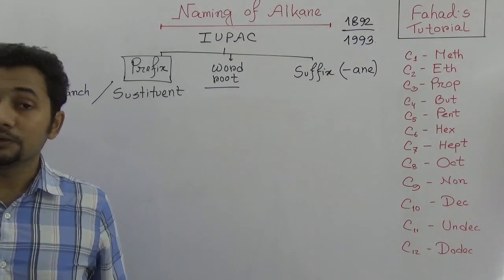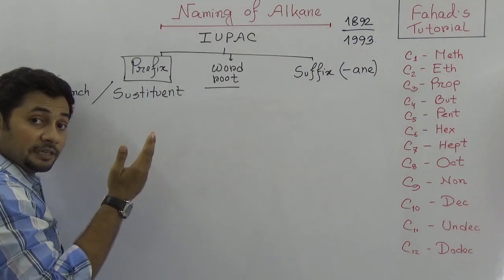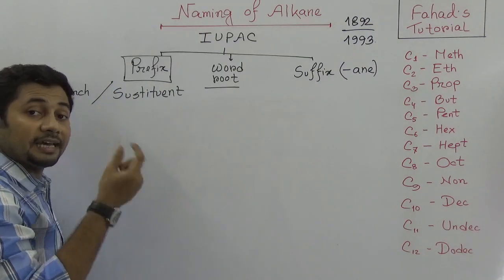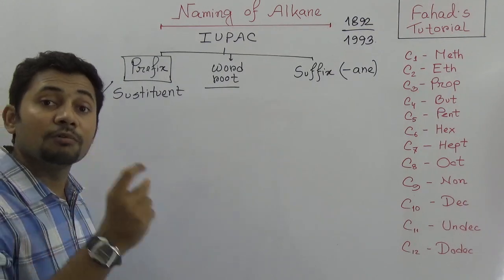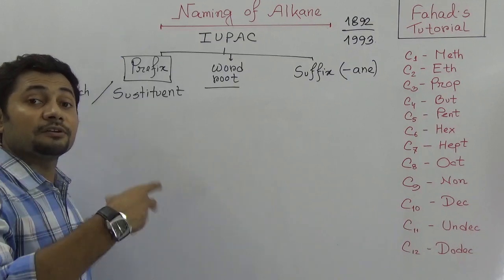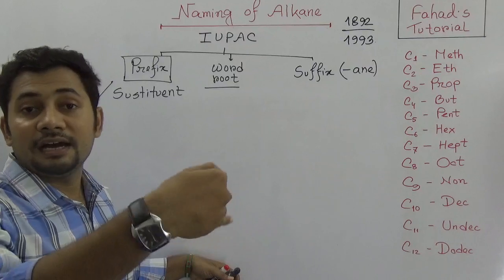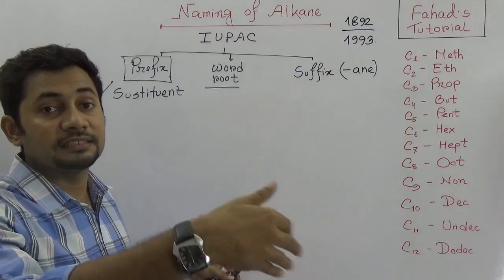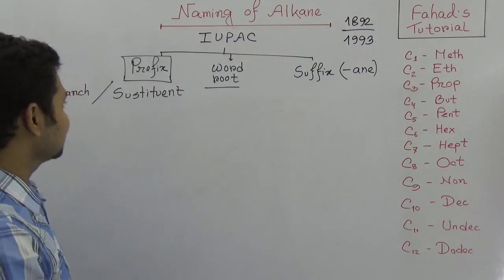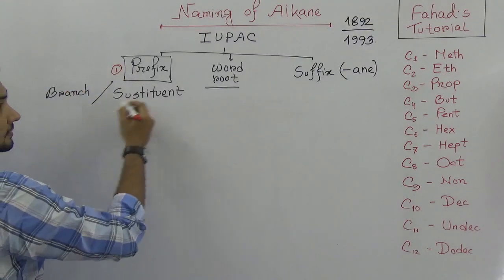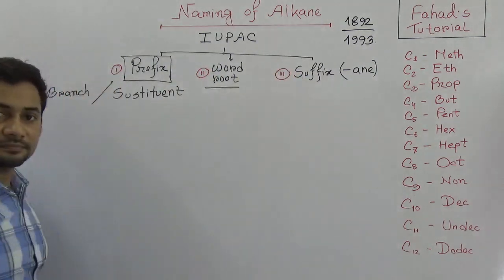According to the IUPAC system, first there will be branches or substituents as prefix, then the number of carbon, which is the word root, and then according to the functional group, either it is ane, ene, yne, aldehyde, fatty acid, whatever, that is the suffix. So three things: prefix 1, word root 2 and suffix 3.